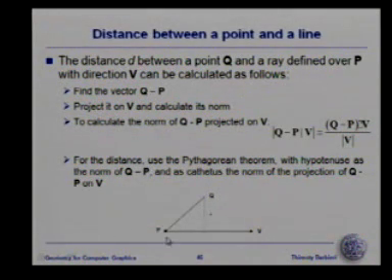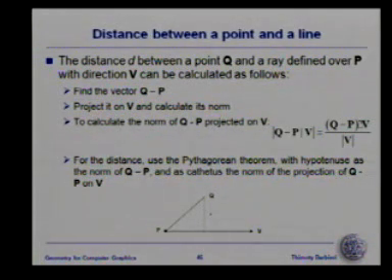This is the ray originating in P with direction V. You have a point Q. Question: what is the distance of this point Q from the ray? What you do, you find the vector Q minus P. You project it on V and calculate its norm.